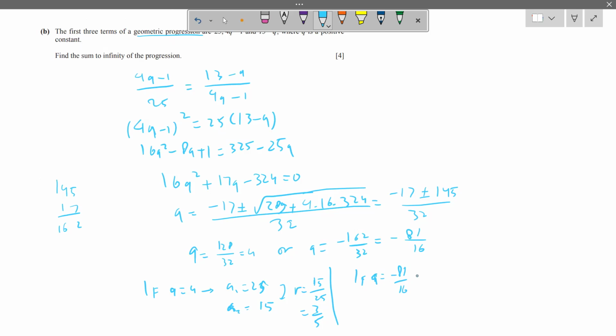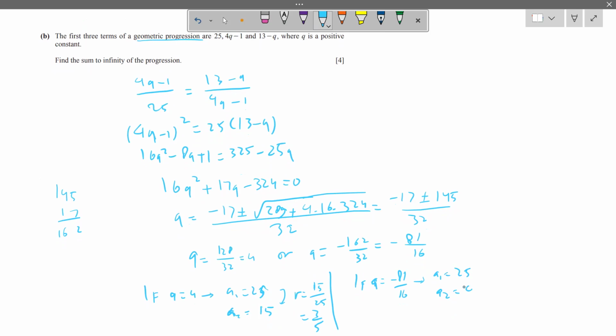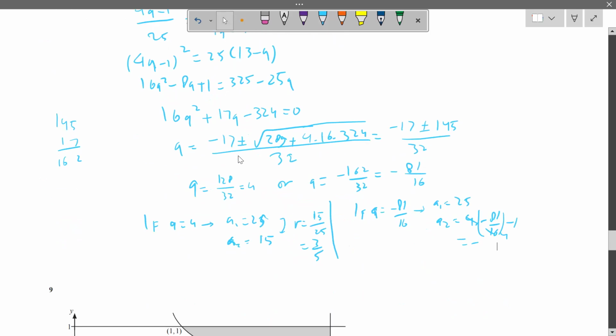If q is this, then a1 is the same, 25, but a2 is 4 times negative 81 over 16 minus 1. So you get, what is that? 81 over 4 minus 1, 85 over 4.